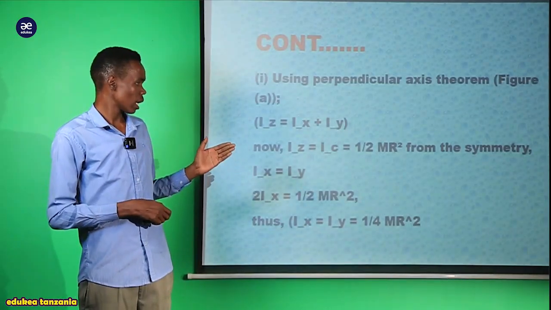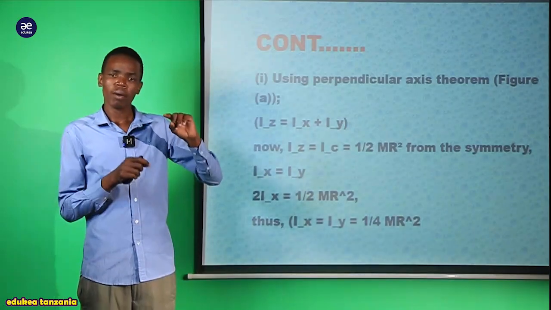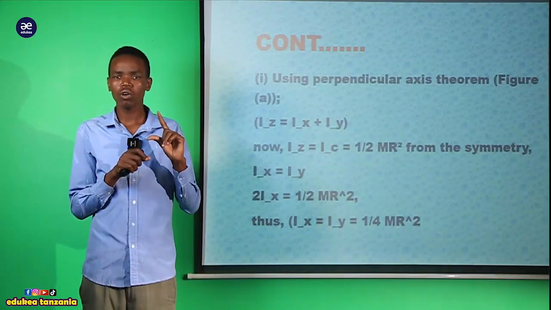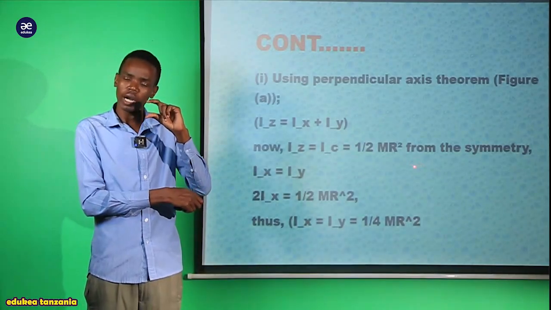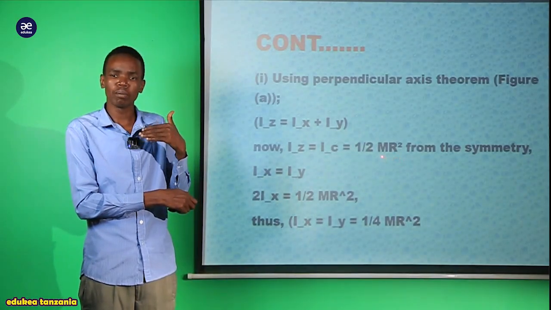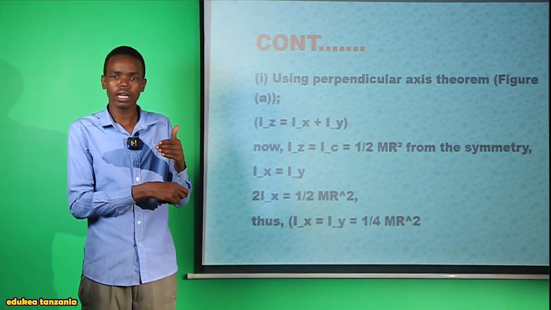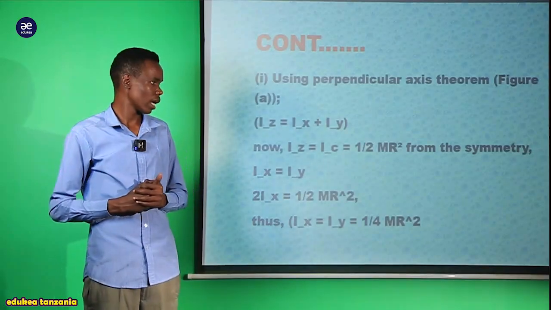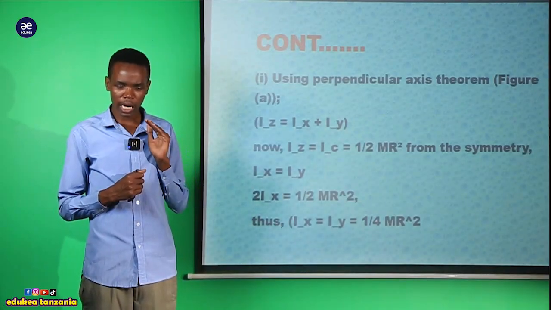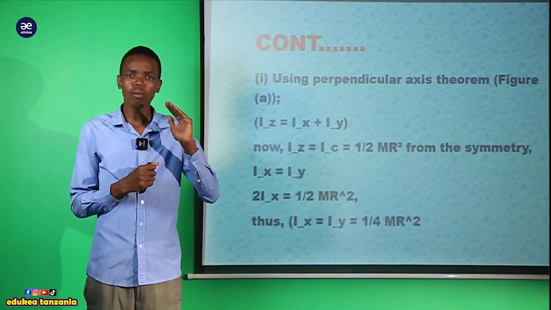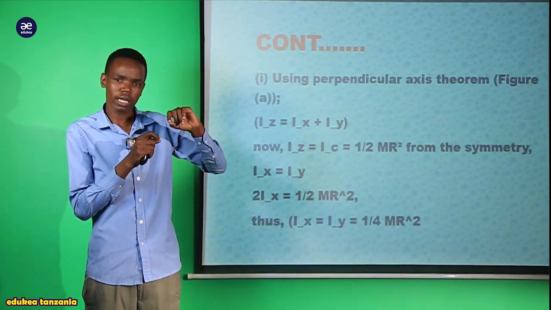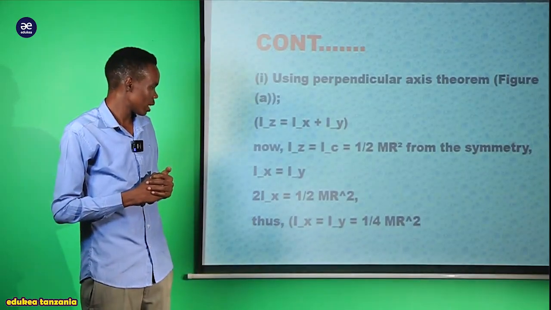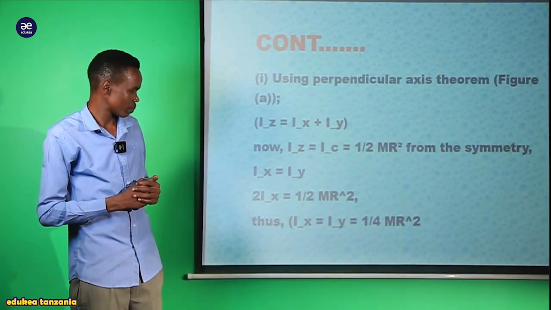Now, my dear student, let us recall again that the moment of inertia through the z-axis is equal to the moment of inertia through the center, which is equal to the moment of inertia for the uniform circular disk, which is half mr square. We should consider again that for symmetry, the moment of inertia through the x-axis is equal to the moment of inertia through the y-axis.